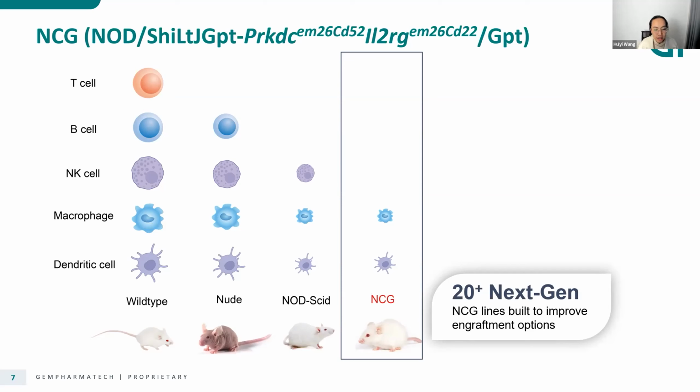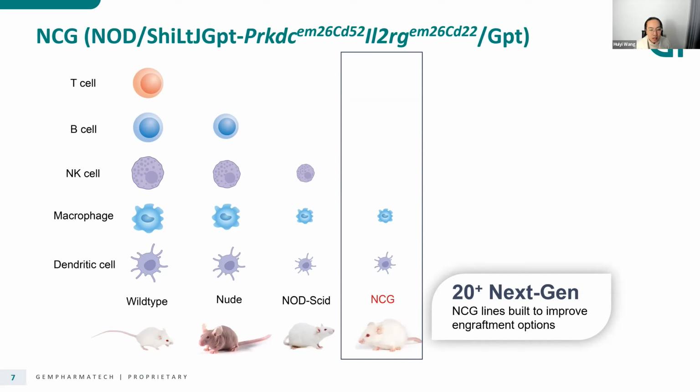But NOD-SCID is not an ideal model to engraft human immune cells, because it still has functional NK cells, and the NK cells will lyse the human immune cells.